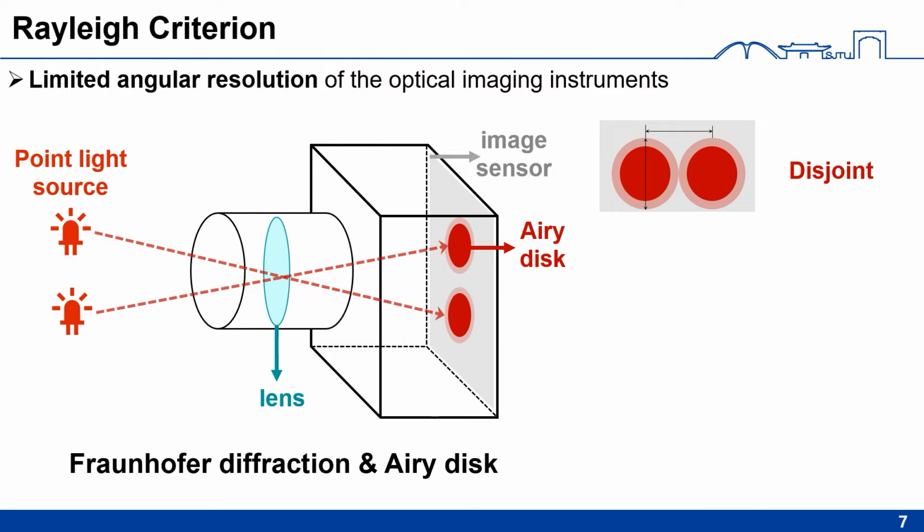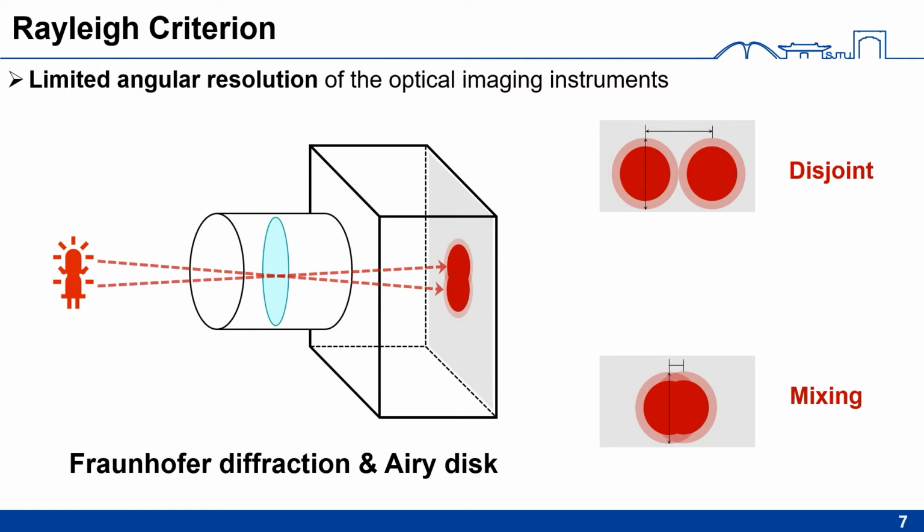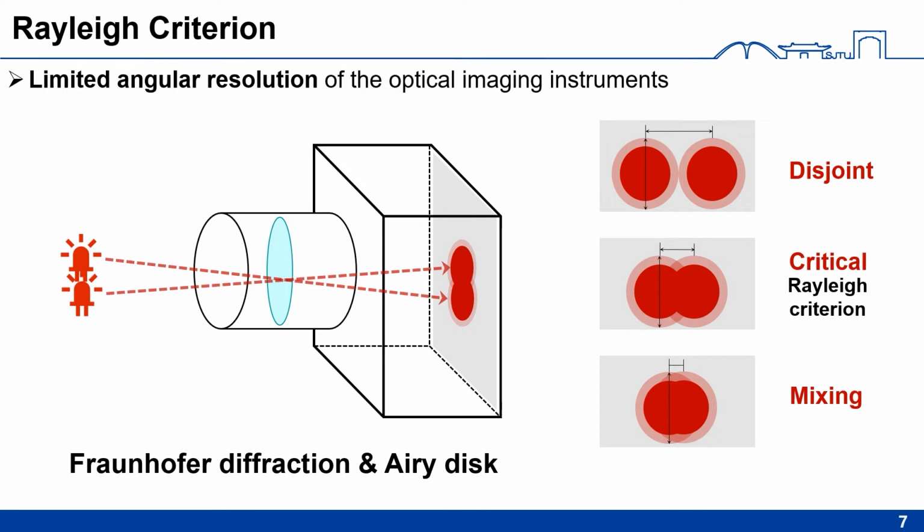If the 2 light sources are rather close, the 2 Airy disks partially overlap and are difficult to distinguish, which we call mixing. Between the disjoint and mixing, there is a critical state just enough to distinguish 2 Airy disks, and this state is determined by Rayleigh's criterion. At this point, the radius of the Airy disk is exactly equal to the distance between the centers of the 2 disks.